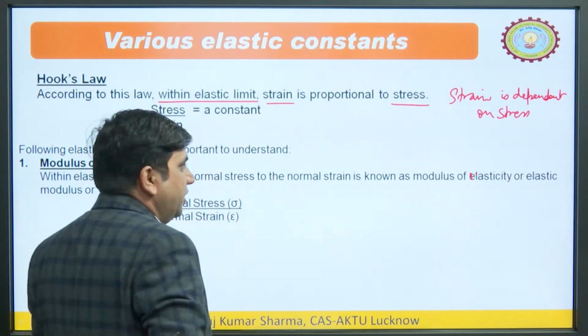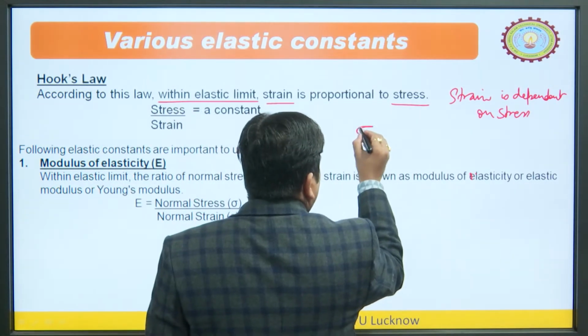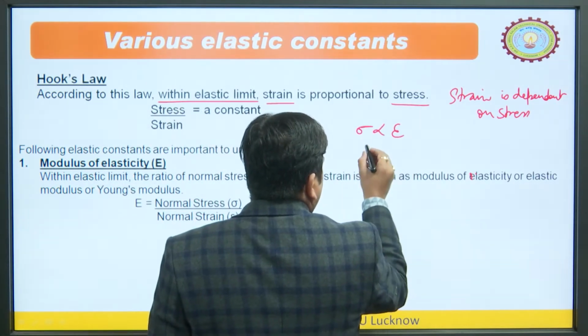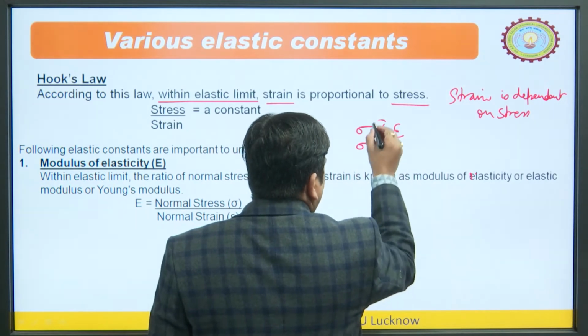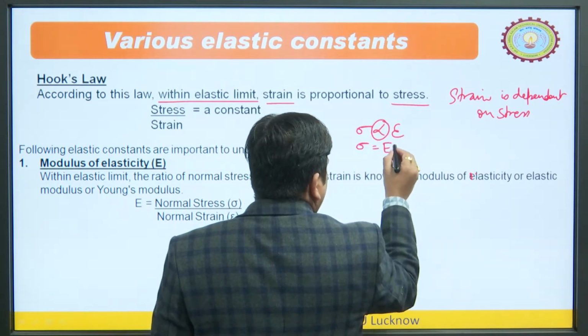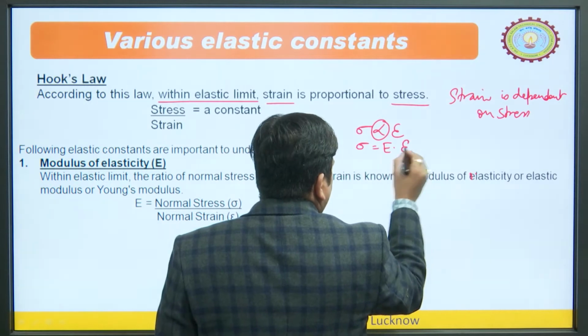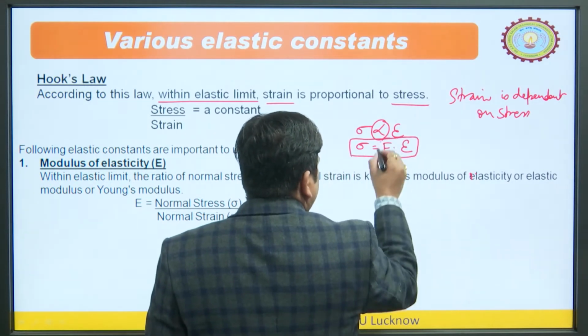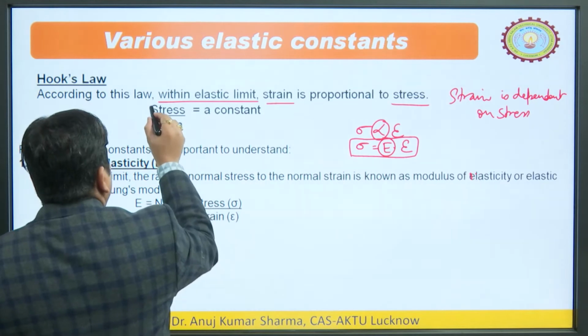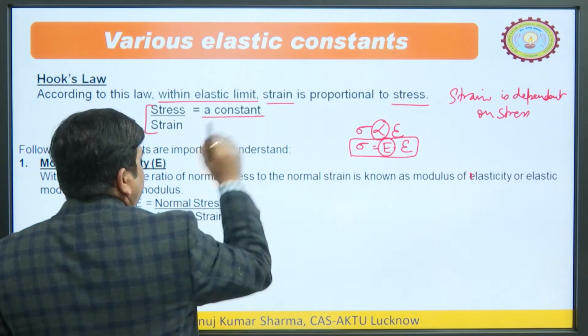Sigma is directly proportional to strain, or sigma is equal to a constant times epsilon when you remove the proportionality sign. So here stress upon strain is always a constant.